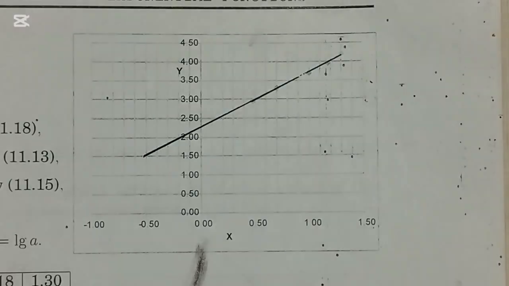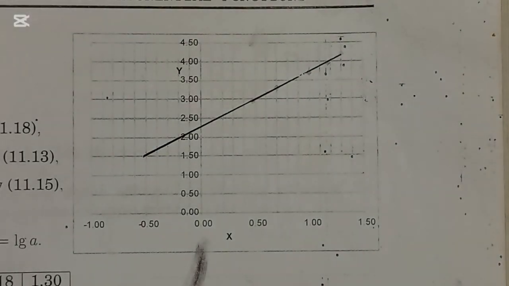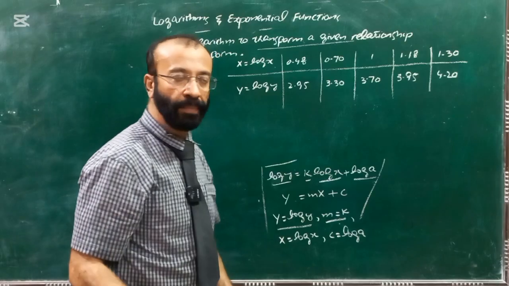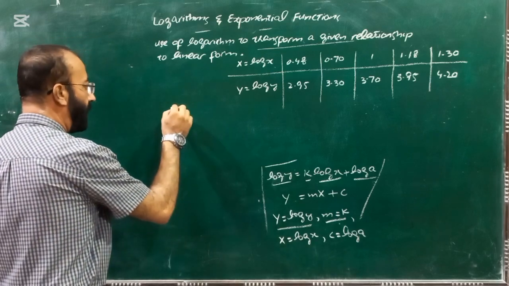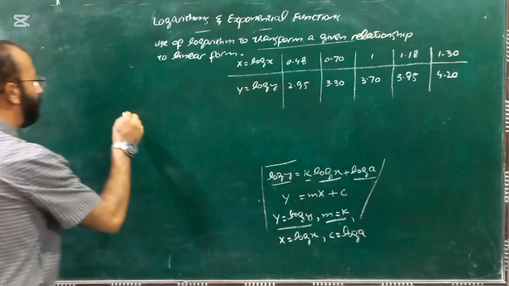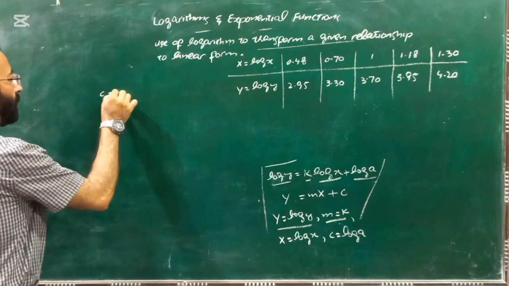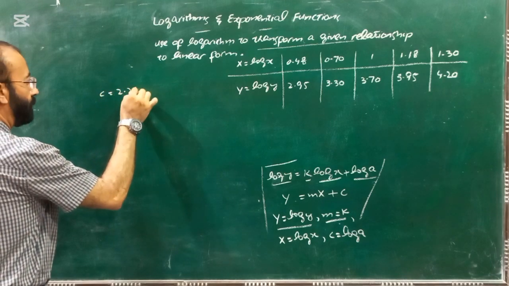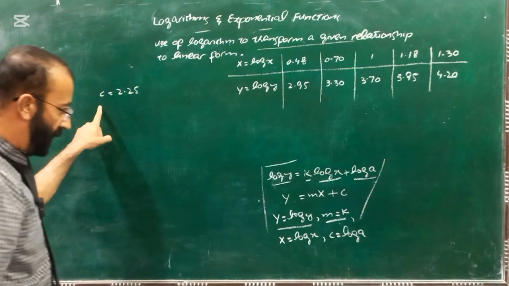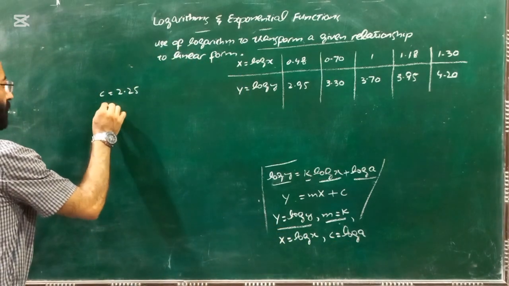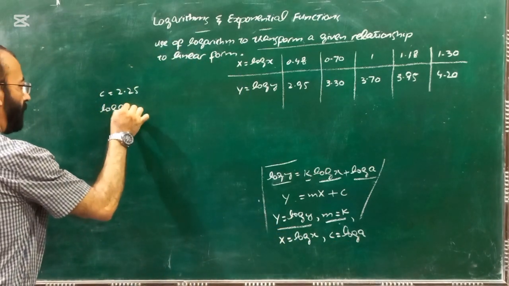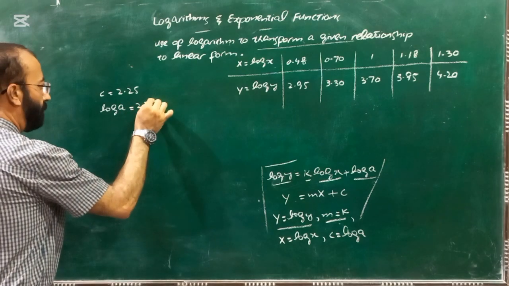So with the help of these 2 points, we will find the value of m. Now, again, we will solve the rest of the question on the board. Because the graph was cutting the y-axis at the 2.25 mark, it means c is equal to 2.25. But c is equal to log of a. So it means log of a is equal to 2.25.